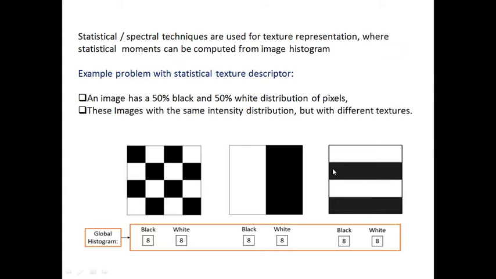So that is the problem with the statistical texture descriptor: it fails in distinguishing the 3 different images. With the statistical texture descriptor I can find the image histogram, but since I depend completely on the image histogram, I cannot distinguish my image here.